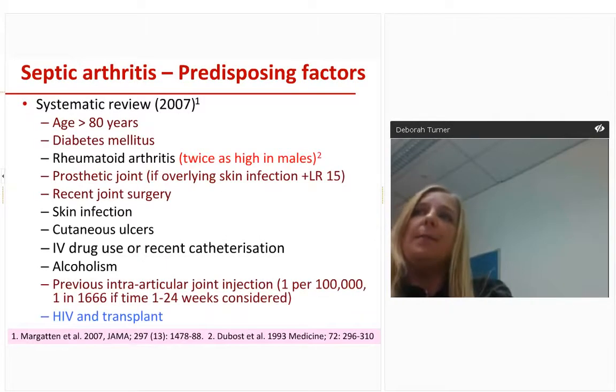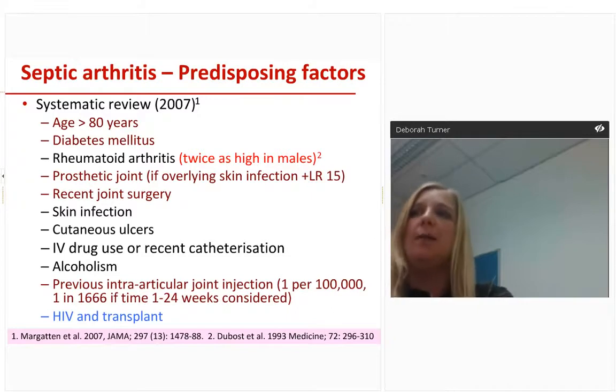So in terms of our predisposing factors, we have considerations in terms of those with diabetes, rheumatoid arthritis being found to be twice as high in males, and in terms of our previous intra-articular joint injections, with the time span from the previous injection being as much as 24 weeks in some cases.